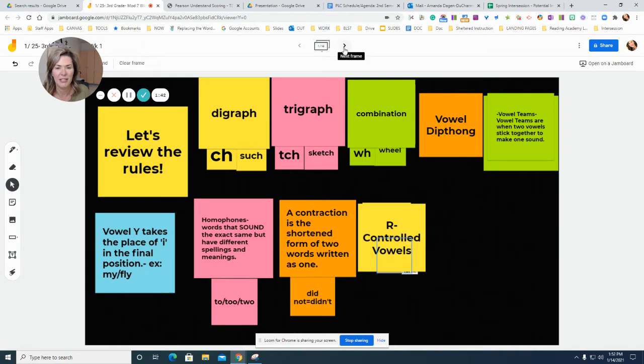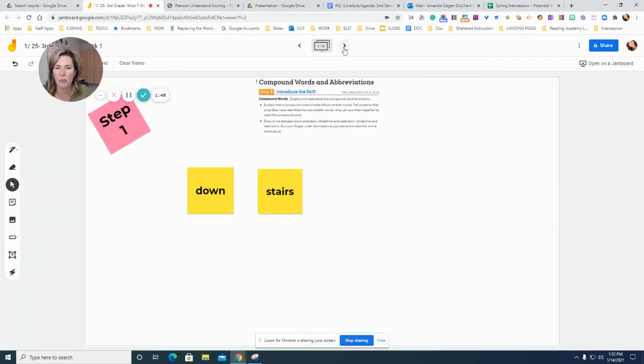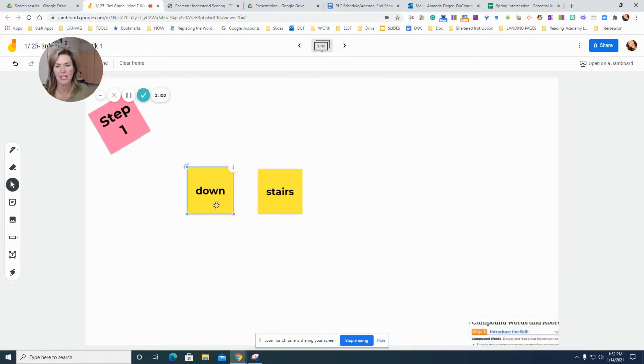And this week, like I said, we're going to talk about compound words and abbreviations. I bet you've heard about compound words before. It's when you put two words together to form one. A compound word is two smaller words that we put together to form one. For instance, the word down and the word stairs.